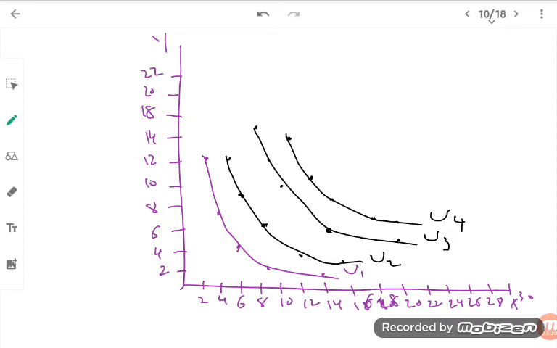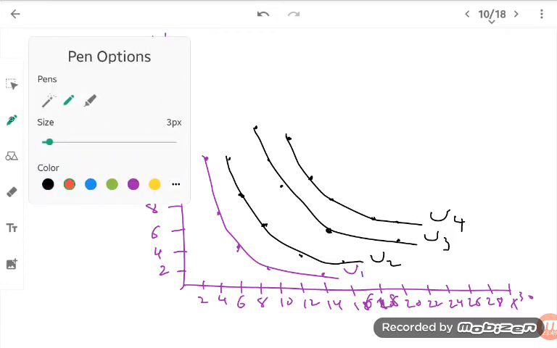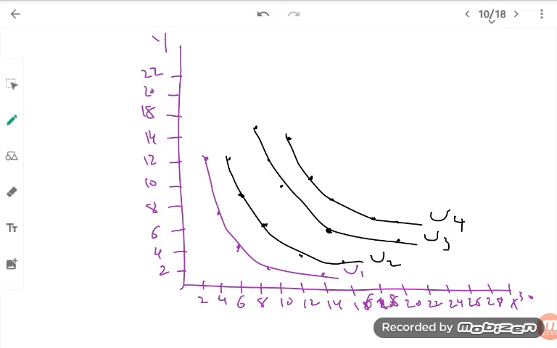Now we would like to combine the first budget line, drawn by income 15, BX1, BY1, with the indifference map in order to identify the point of maximum satisfaction. So the first line, as we said, 0 and 15.